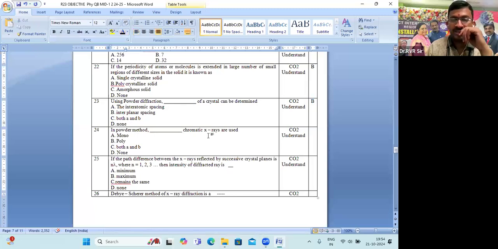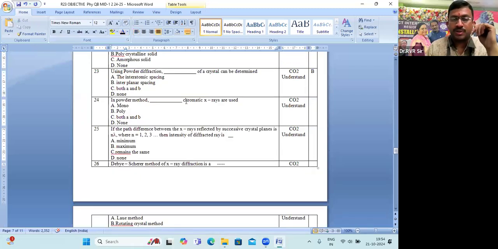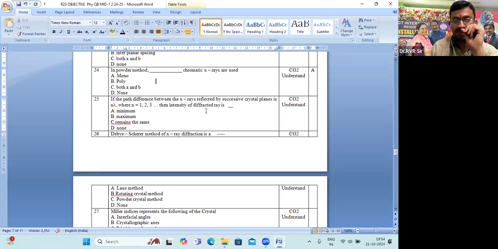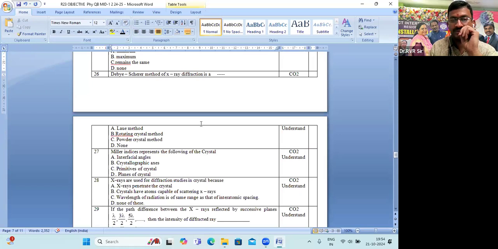Option B, interplanar spacing. In powder method, chromatic X-rays are used. So obviously monochromatic X-rays will be used. Option A is the right answer. And the path difference between the X-ray diffraction is, option B is the right answer, maximum.